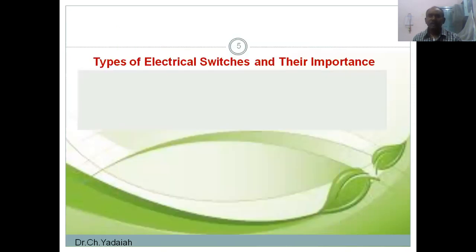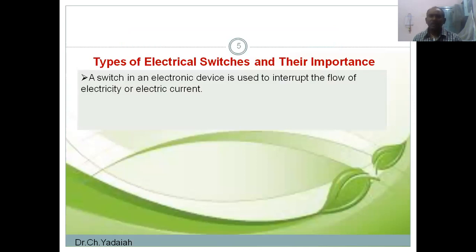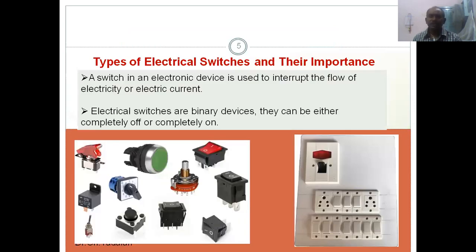Now, the types of electrical switches and their importance. Let us see the definition of a switch. We can observe these switches in our domestic appliances. And this is the main double pole switch. This is also one type of switch.